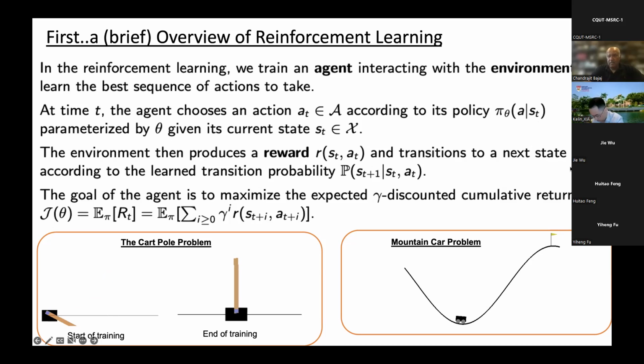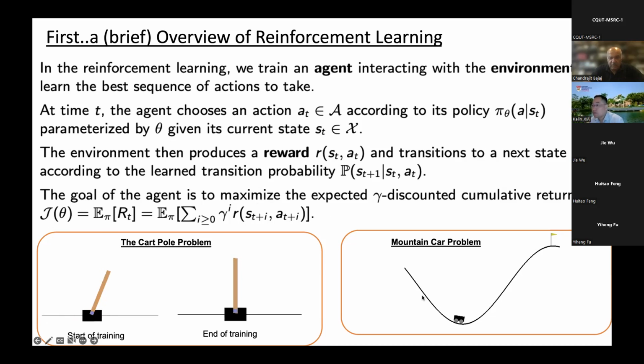And this transition is governed by a stochastic transition function. It's the probability of you going here because after all, you're making a decision and there are choices. And which choice is the best choice to make locally so that globally you can maximize the total cumulative reward. So the goal of the agent is to make local decisions such that it can eventually maximize the expected reward that it will receive.